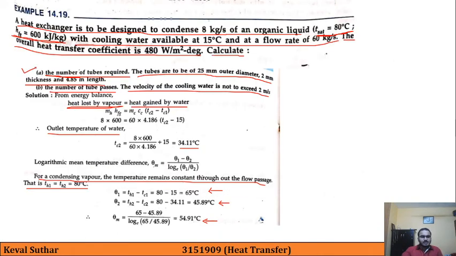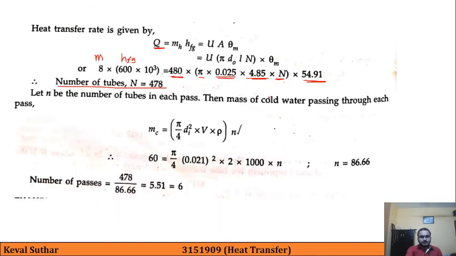Now our next question was the number of tube passes, and additional information which is given for this part is the velocity of cooling water is not to exceed 2 meter per second. So maximum velocity will be 2 meter per second. Let small n be the number of tubes in each pass, then the mass of cold water passing through each pass will be given by this formula, that mc is equal to 60, which is already available to us.